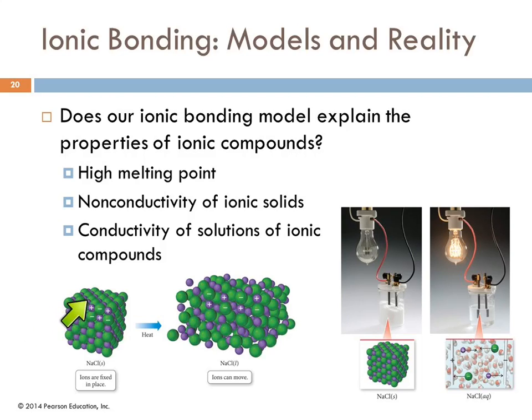Well, the force of attraction between positive and negative charges is very, very strong. In order to melt this, you have to put in enough energy so that the kinetic energy of these ions rises enough that they can break loose from each other and become a liquid. So yes, this does explain the high melting point of ionic solids.